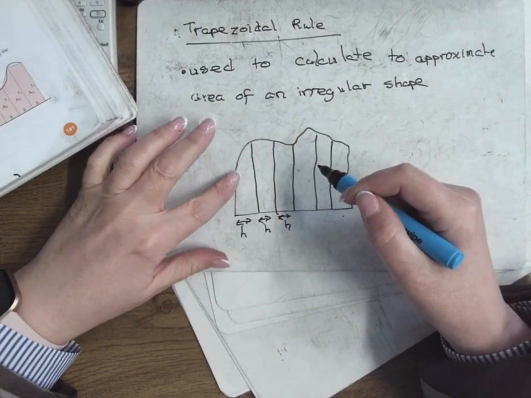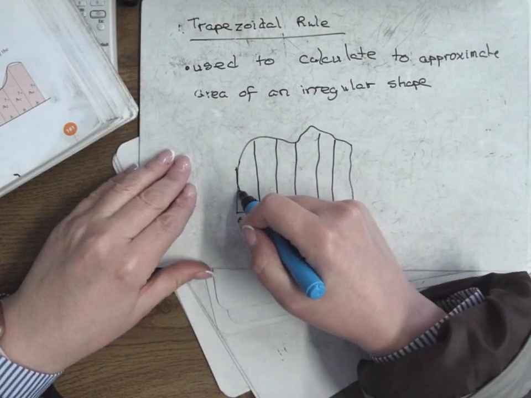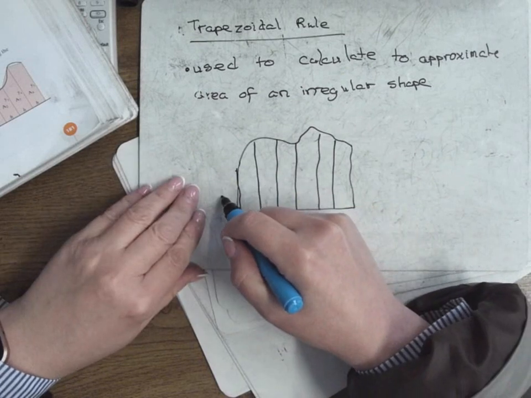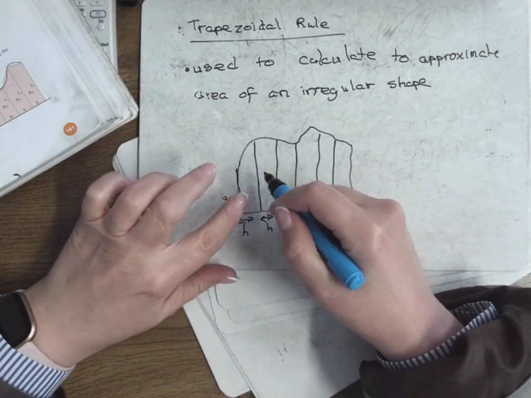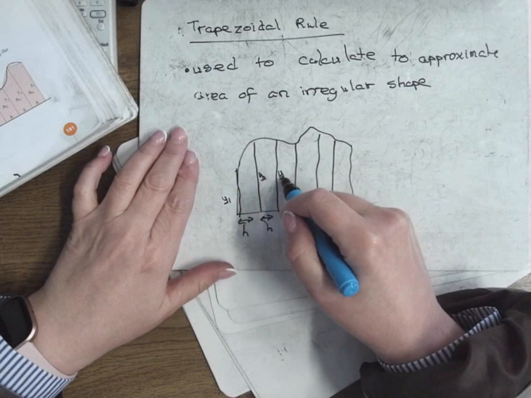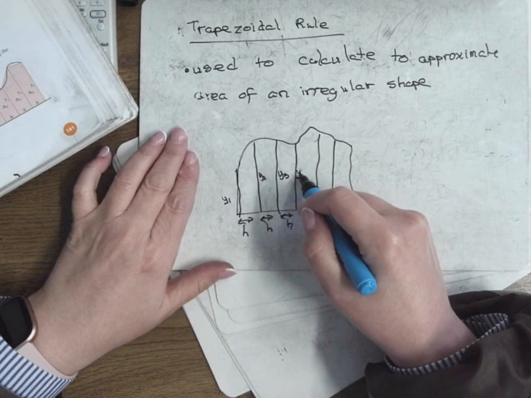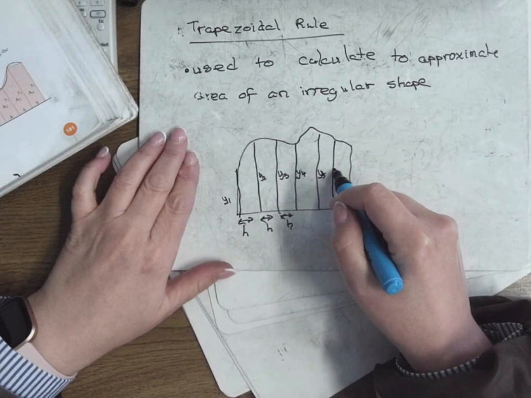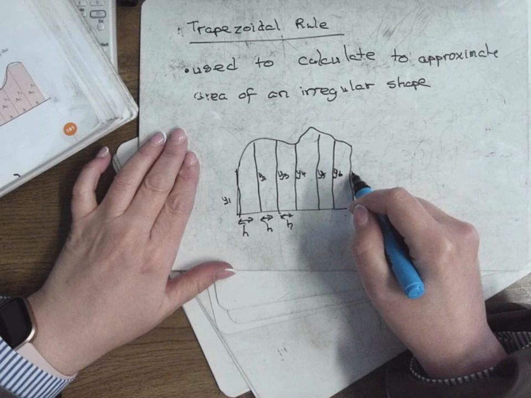Then we call the length of the first vertical line y1, the length of the second vertical line y2, and we call this y3, y4, y5, y6, and y7.